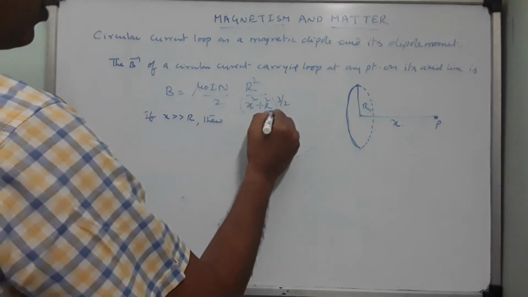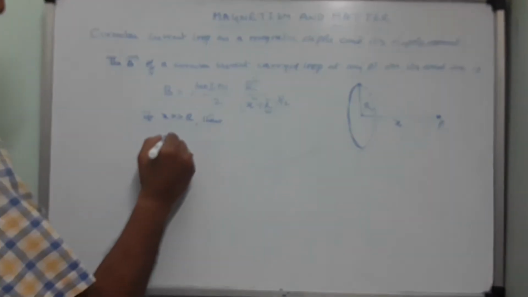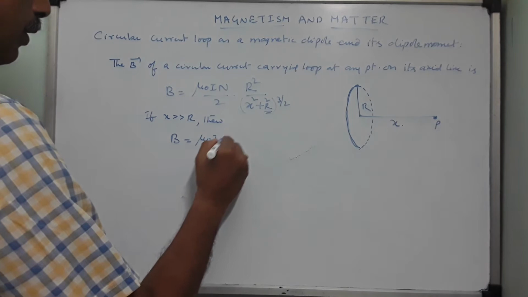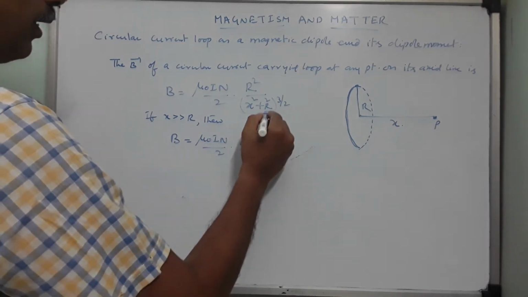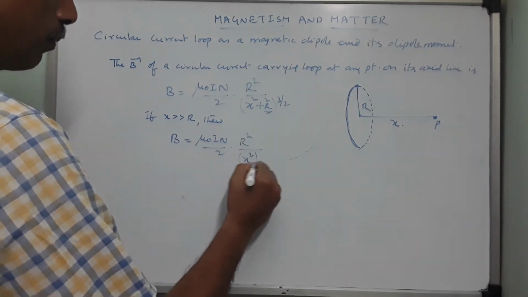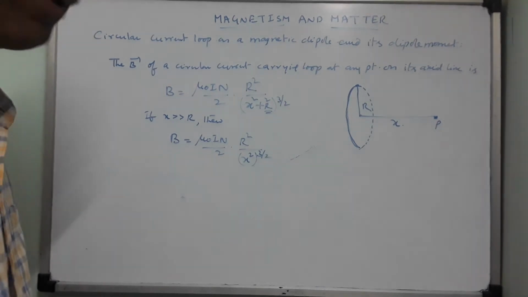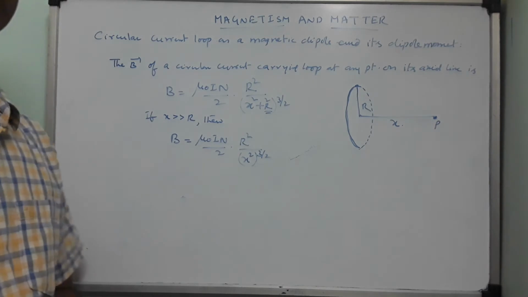this R square effect in the addition can be what? Neglected. So you will get B equals to mu naught into I into N divided by 2 into R square divided by, this R square can be made 0, you will get X square whole to the power of 3 by 2. And don't ask me the question, children, you made this R square 0, why are you not making that R square 0?